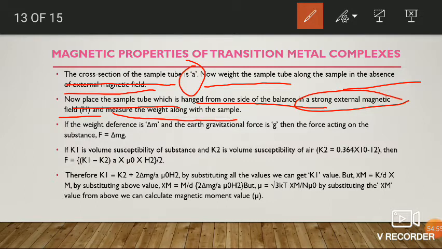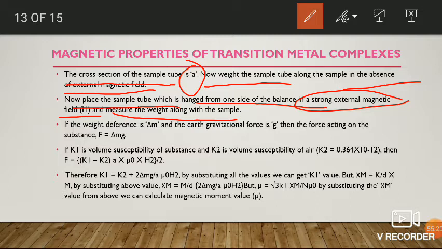First we have to calculate the weight of the substance. After attaching the sample tube to one side of the Gouy balance, we have to place the sample tube within the external magnetic field.